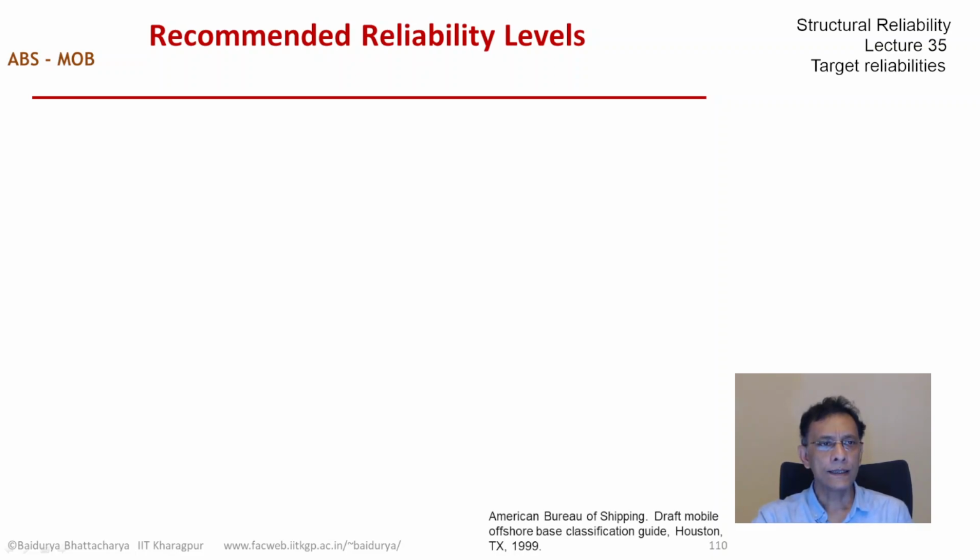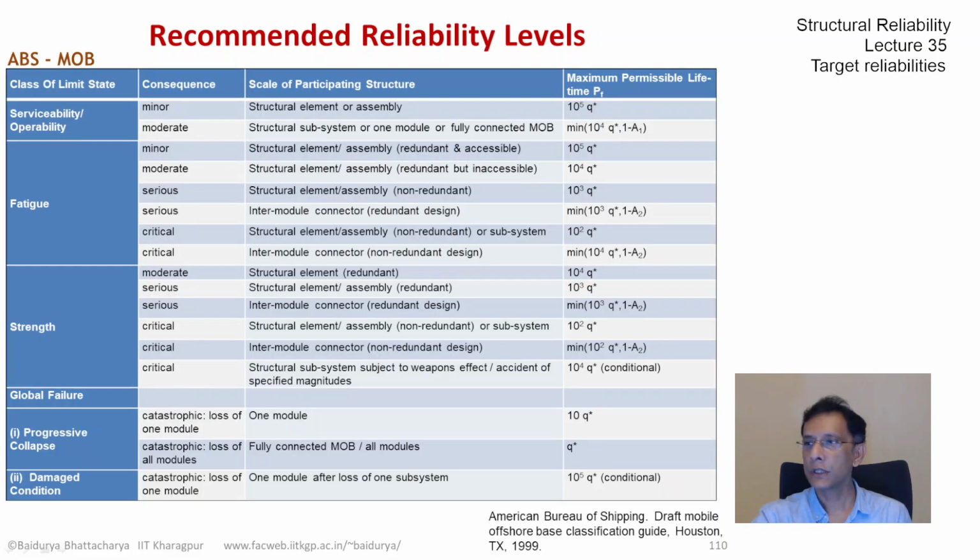So this is the structure of the various target reliabilities that was proposed. So we see that several classes of limit states were considered, about 5 of them: serviceability or operability, and then fatigue strength, and then 2 global failures, one of progressive collapse and the other of damaged condition.